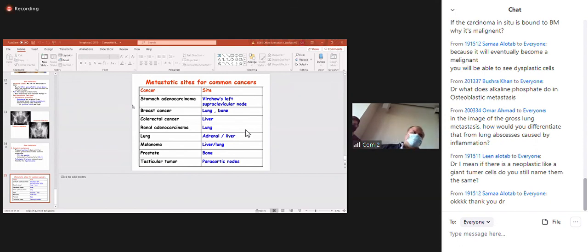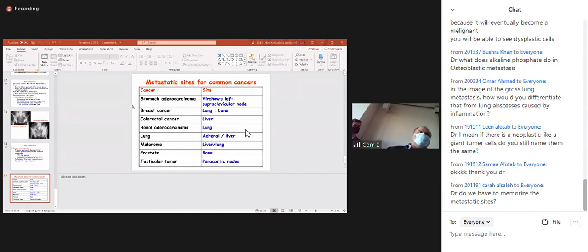Two, it can do that as well by making an IL-1 like peptide, or IL-1 like cytokine. In this case, it is the osteoclast activating factor like cytokine that is going again to activate the osteoclast. So at the end of the day, both mechanisms of osteolytic metastasis happen through activating the osteoclast, either by a PTH-like or by an IL-1 like substance.